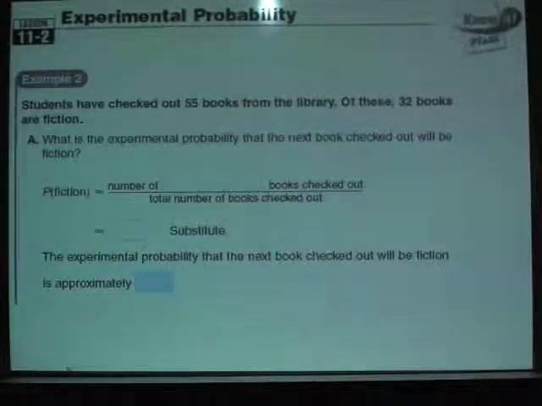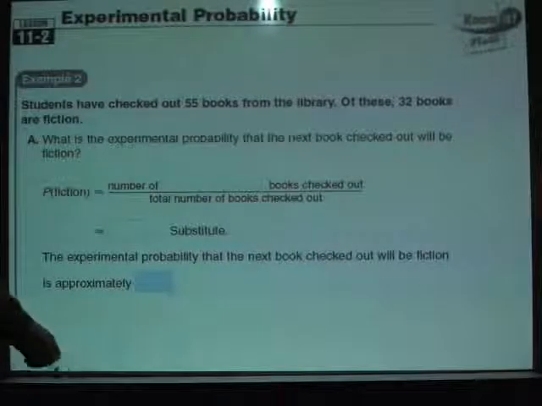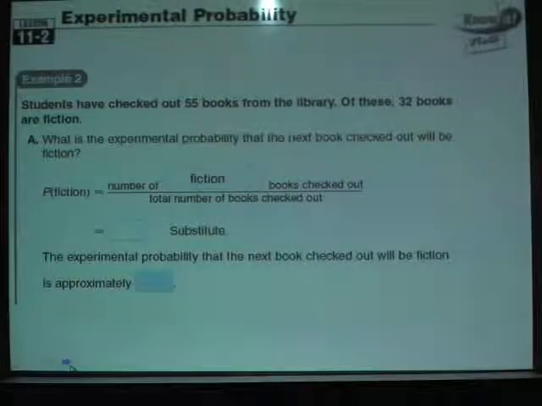Students have checked out 55 books from the library. Of these, 32 are fiction. What is the probability that the next book checked out will be fiction? So in order for me to write a probability that is about the number of fiction books checked out, I need to compare the number of fiction books that have been checked out and the total number of books that have been checked out. Well, that's all given to us in the prompt.